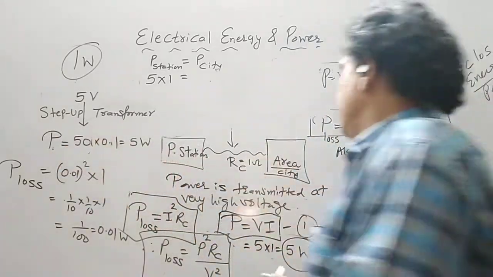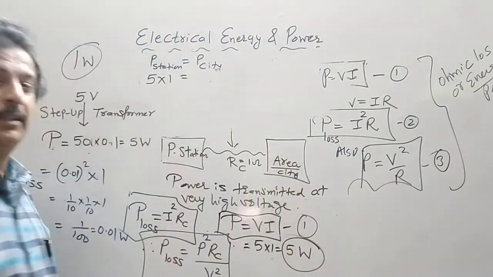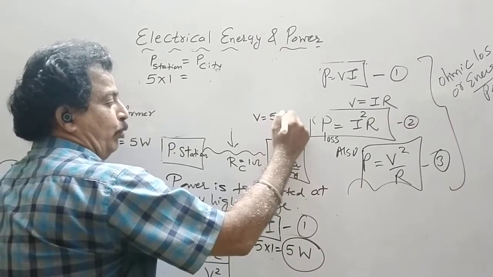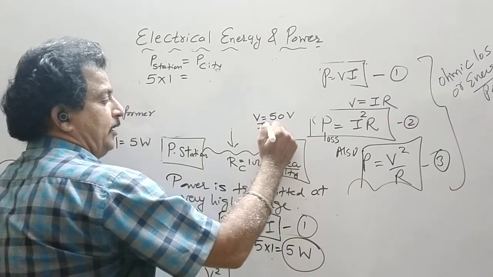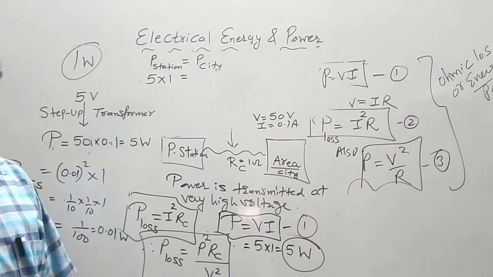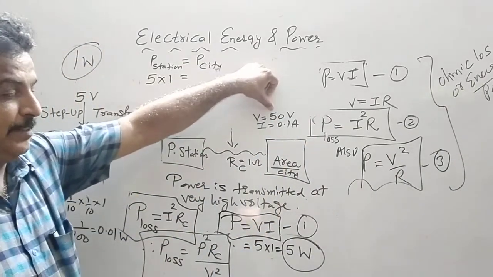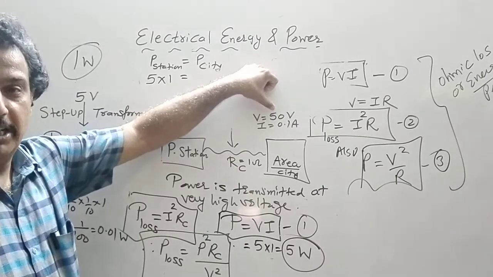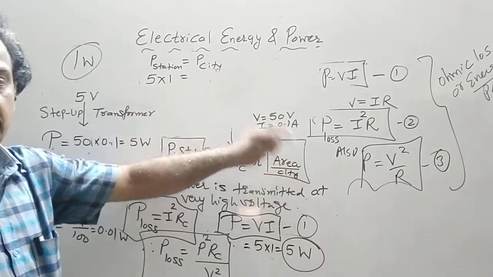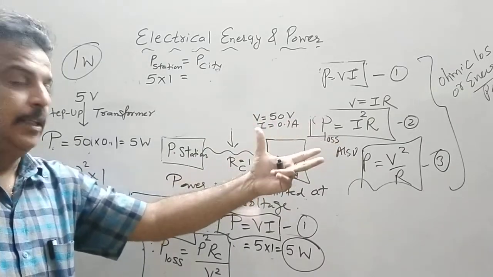Now when we come to this part, here the potential difference is 50 volt and the current is only 0.1 ampere. This large potential difference will damage our instruments, or this current is not sufficient for the device to work properly in our house.